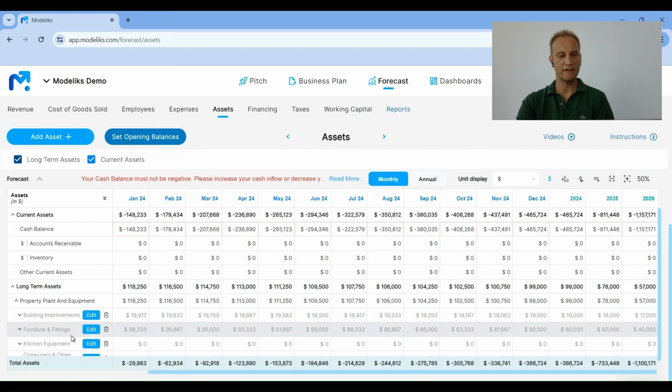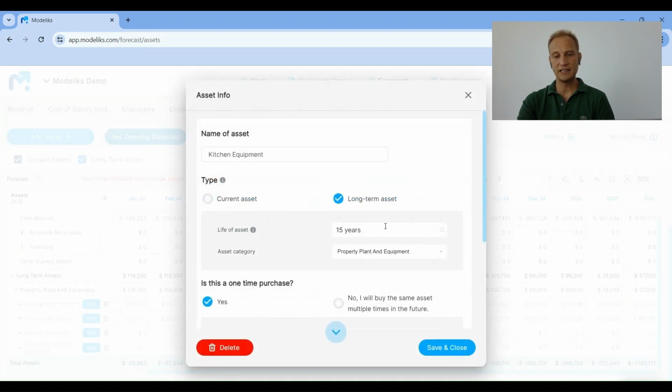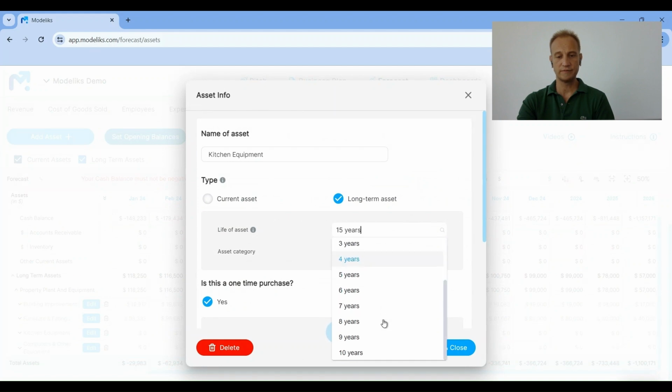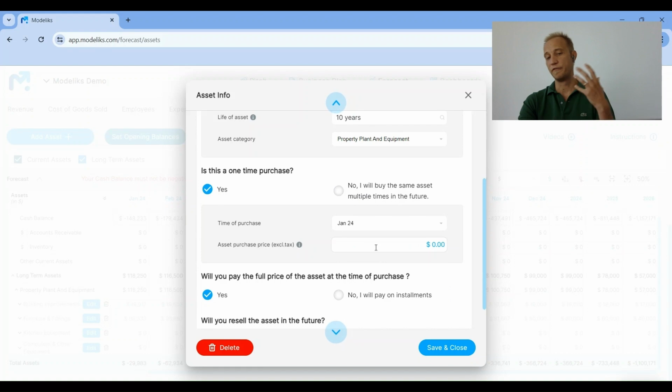Next, we have kitchen equipment. I'm going to edit. Again, it's a long-term asset that will depreciate, let's say, over 10 years. And we will need to fit out again in the first month of our plan. Let's assume that our kitchen equipment costs about $150,000. Close.